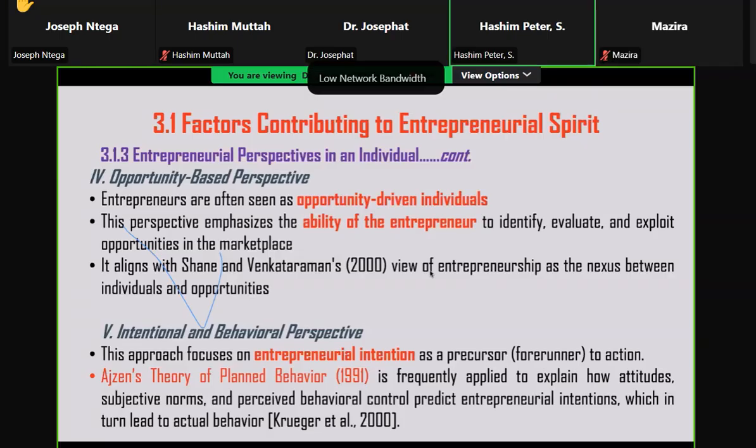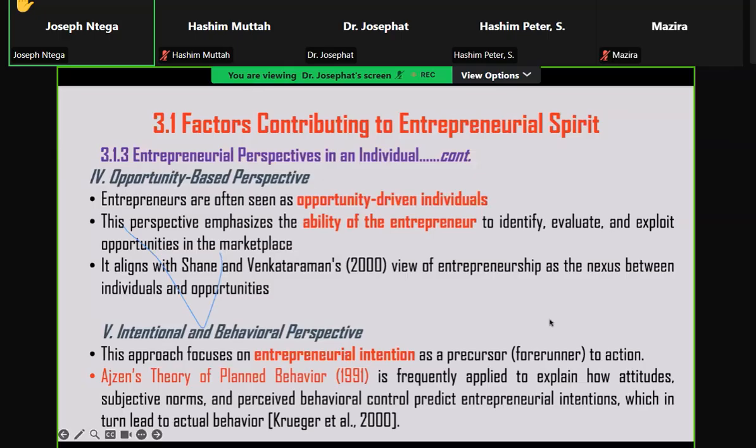So to me, it depends on the person. There are those who started as boda boda and then became big entrepreneurs. There are those who started as boda boda and are still boda boda as we speak today. So it's quite difficult for me to classify them as necessity driven or opportunity seekers. It depends on one's decision. That is my opinion.